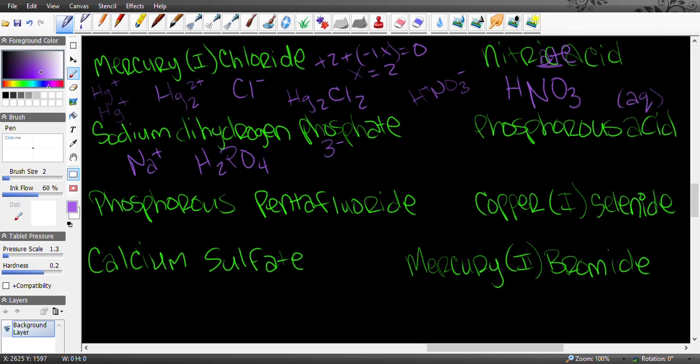The normal charge on hydrogen is plus. If we have two of them, positive 2 plus negative 3 equals negative 1, right? So this should just have a negative 1 charge. So positive 1 and negative 1, NaH2PO4. There's that one.